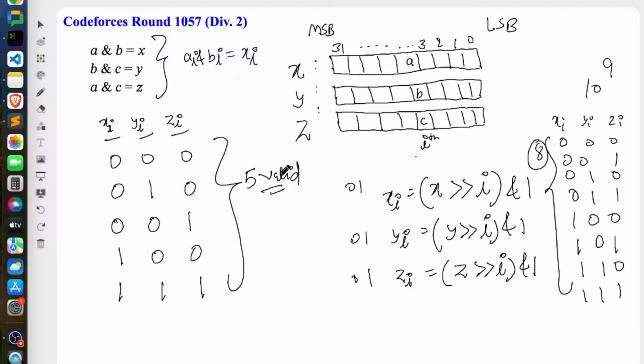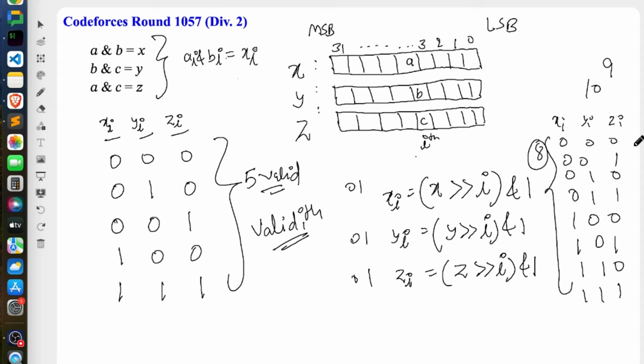So if your xi, yi, and zi is any one of these 5, then it's a valid ith bit. Otherwise, immediately return no. The reason is, I actually found these 5 among these 8 by writing in pen and paper.